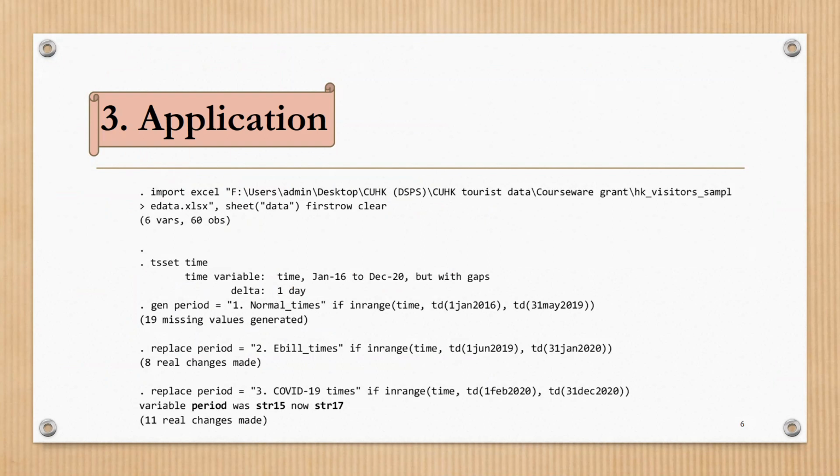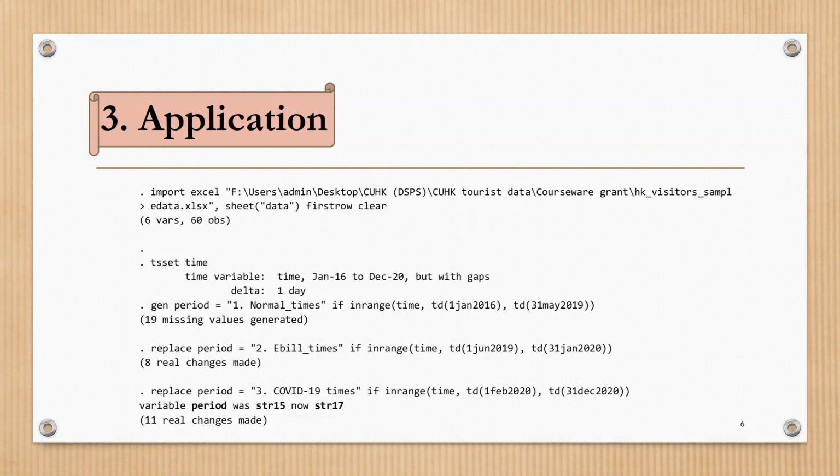So you have to set the path to be the path where you stored your Excel file. After you successfully import the Excel dataset into Stata, next you have to type the code tsset time. TS refers to time series. Here you are setting the time variable in column A of our Excel file to be the time, to let Stata recognize that this is the time variable.